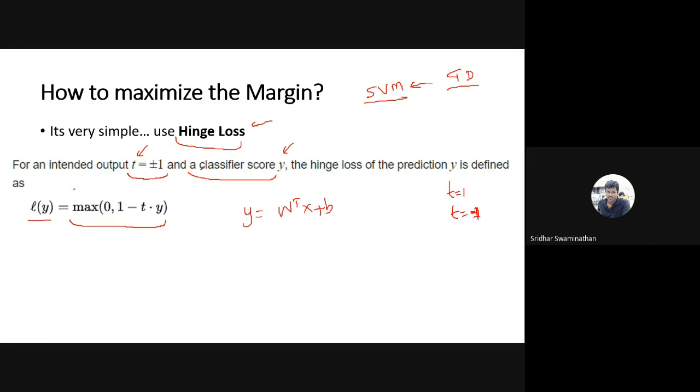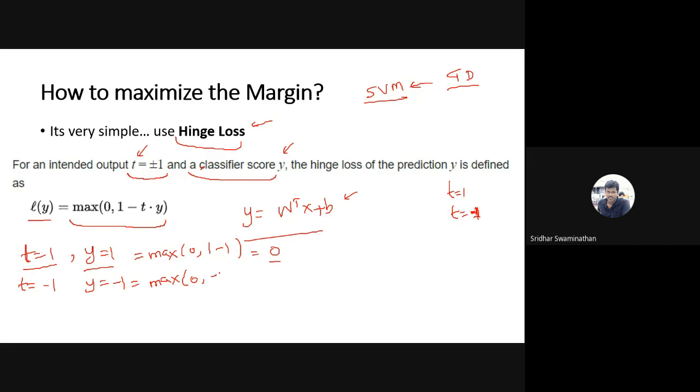Now if you are using this particular function, what will happen? Let's say that your t is 1 and your y is also 1. Maximum of 0, 1 minus 1 will become 0. What you want to predict is 1, what you predicted is also 1, so the model gives a 0 error. Let's say we want to predict t is equal to -1 and what you predicted is also -1.